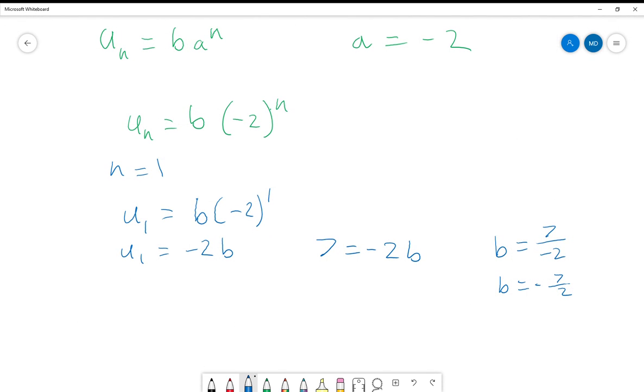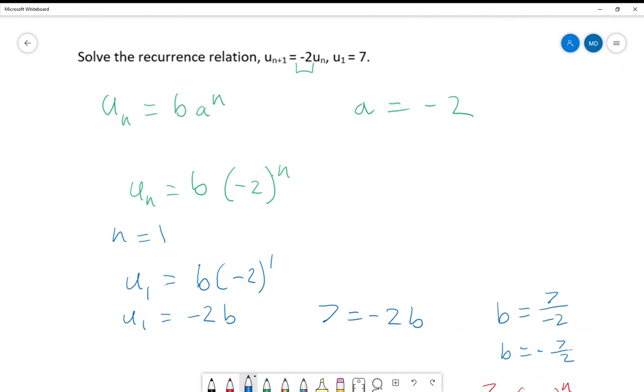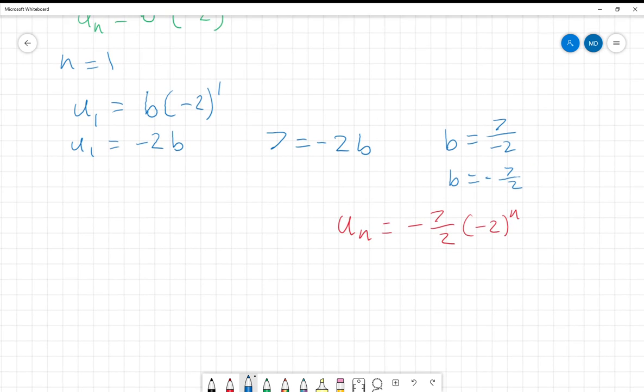And then therefore we get our final form of the recurrence relation. u_n is equal to negative 7 over 2 multiplied by negative 2 to the power of n. And that there is our solution, our closed form to the initial recurrence relation u_{n+1} is equal to negative 2 u_n with u_1 equal to 7.